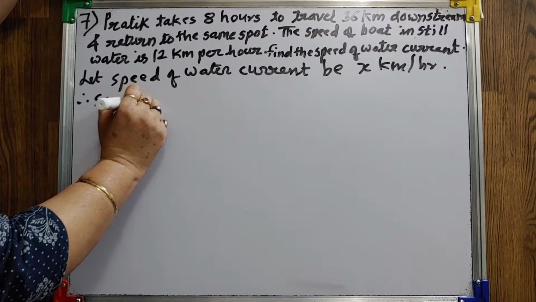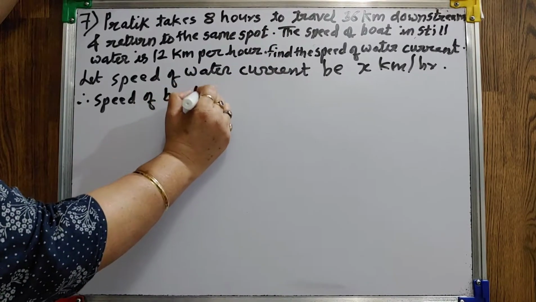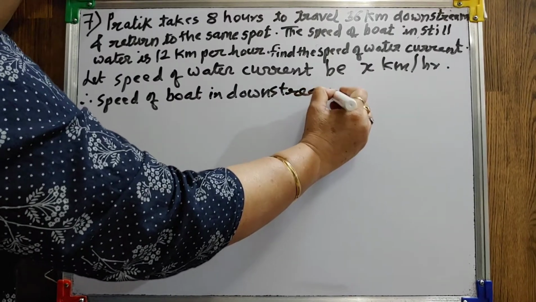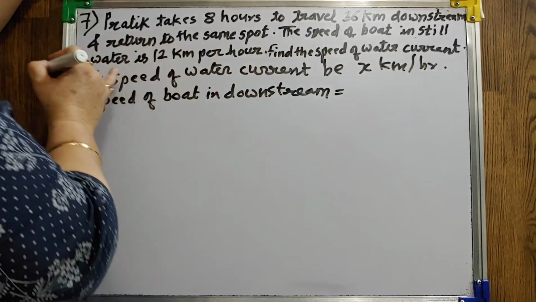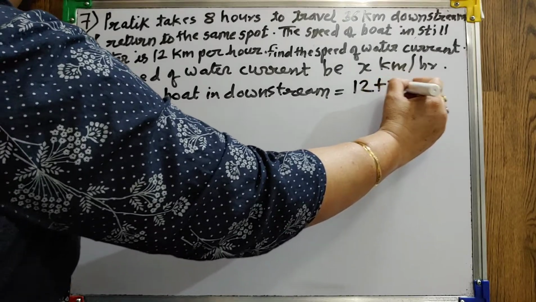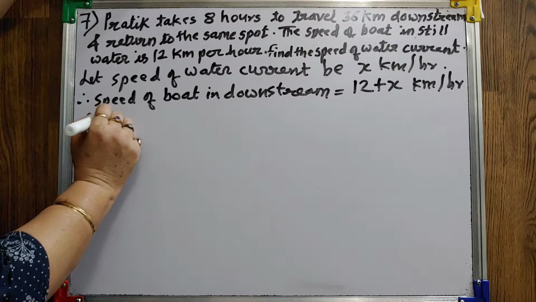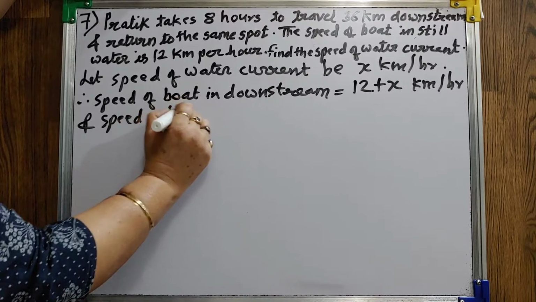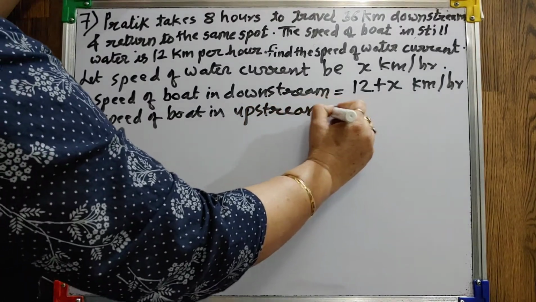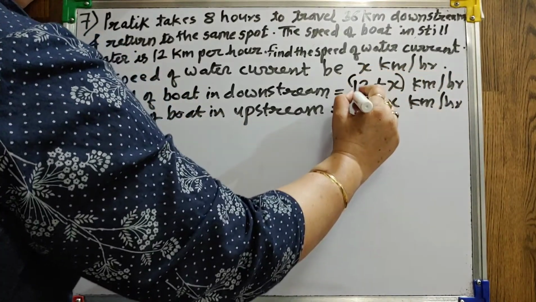Therefore, the speed of boat in downstream: the speed of boat in still water is given, so downstream it will increase, 12 plus x km per hour, and the speed of boat in upstream will decrease, 12 minus x km per hour. I am keeping both in bracket.